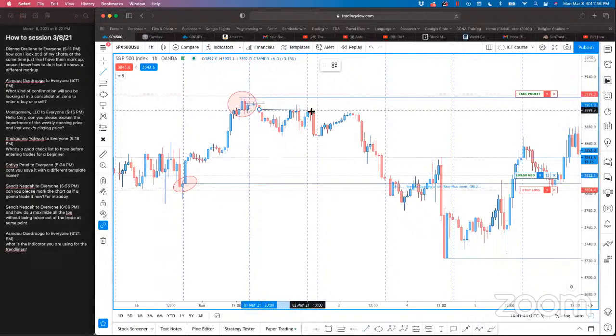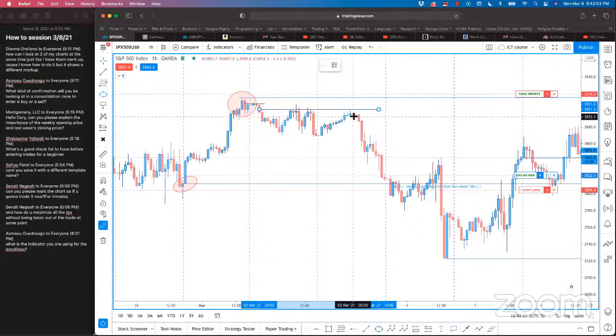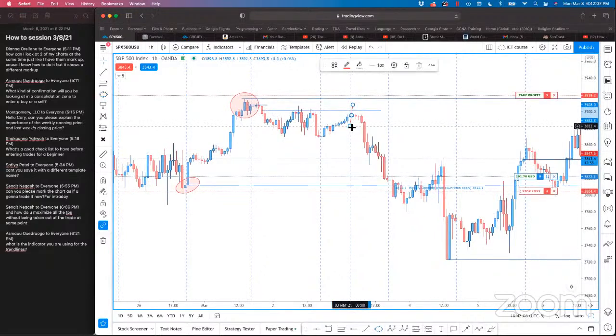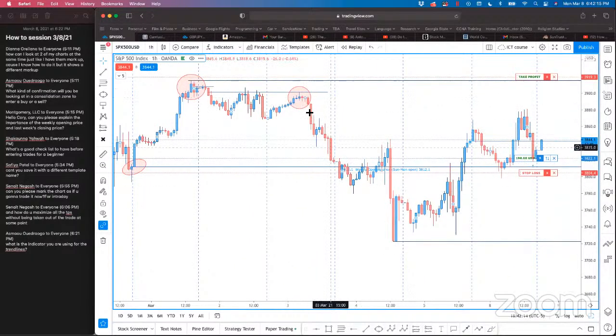I could take a sell from right here. I would have had one trade, two trades, three trades, four trades. If I extend this out, maybe a fifth trade right here. And guess what? This would have been the move of the week right here. This took me down for the whole week, right?